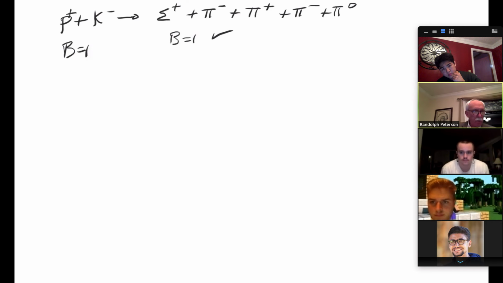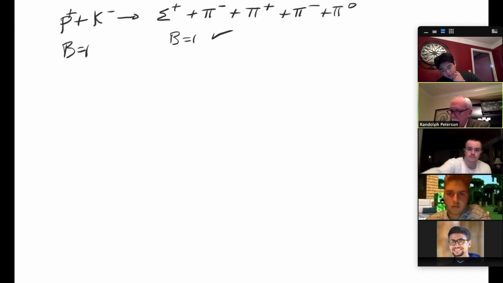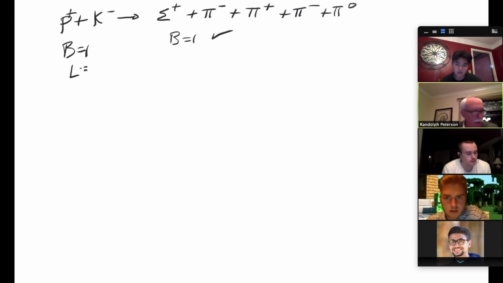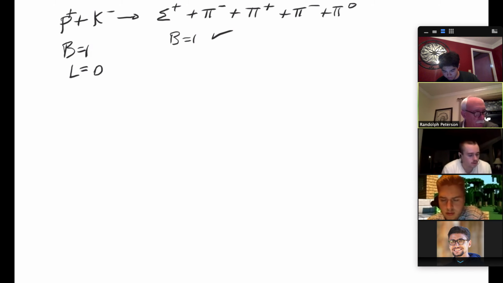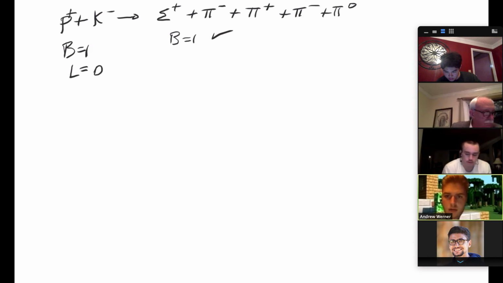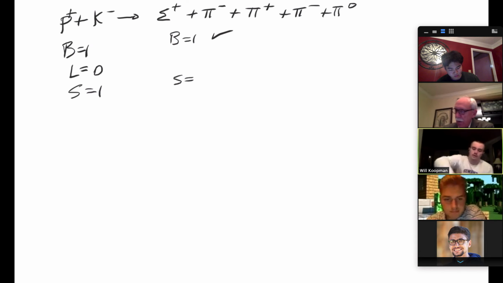What about lepton numbers? They're conserved. On the left, 0 and then 0. On the right, they're all pions, so zeros. Strangeness? Let's see. It's -1 and +1 on the left, and on the right it's +1 and -1.